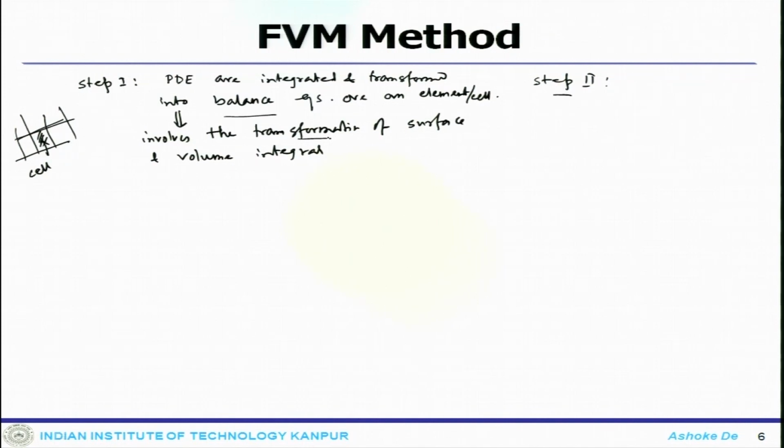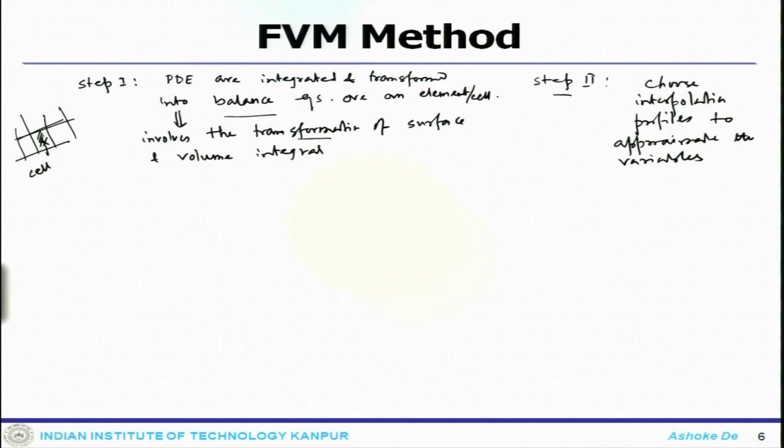In the second step, you choose the interpolation profiles to approximate the variables. So in one step, you first transform your governing equation to the balance equation over a particular cell.